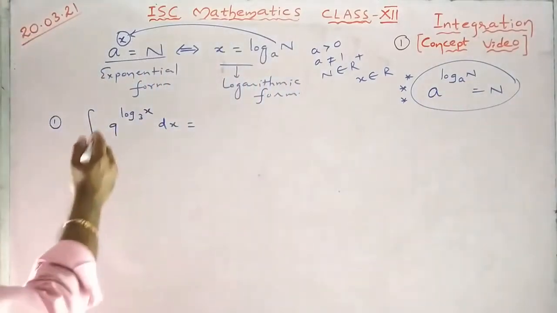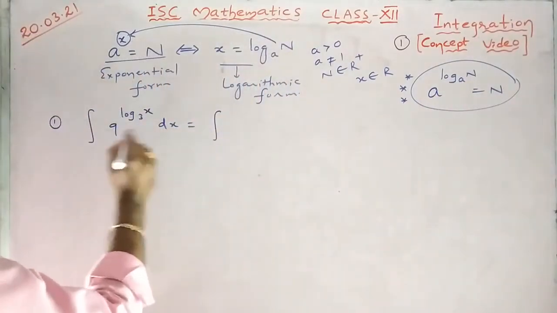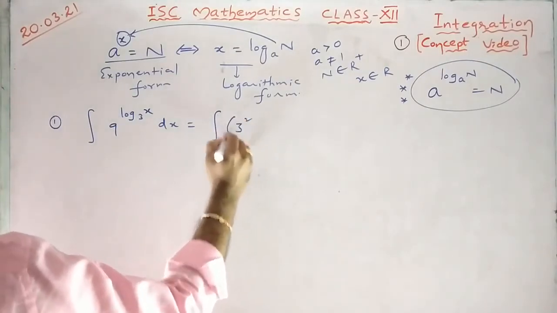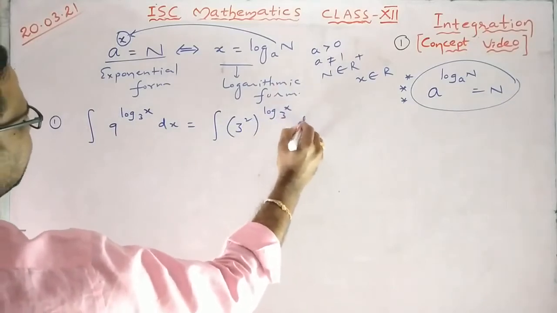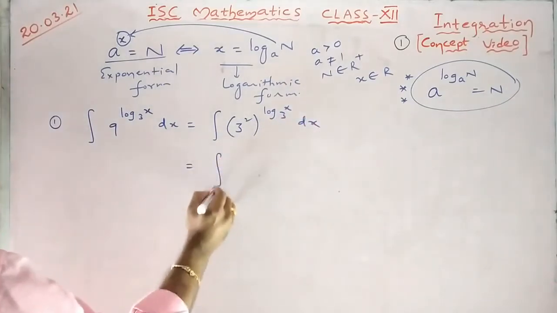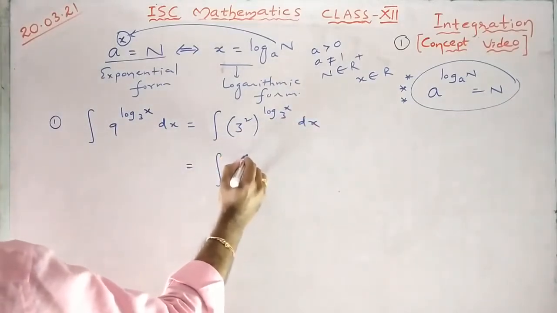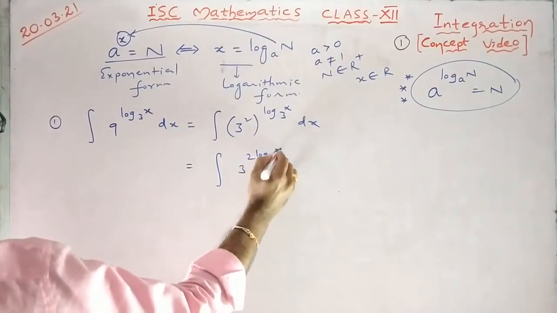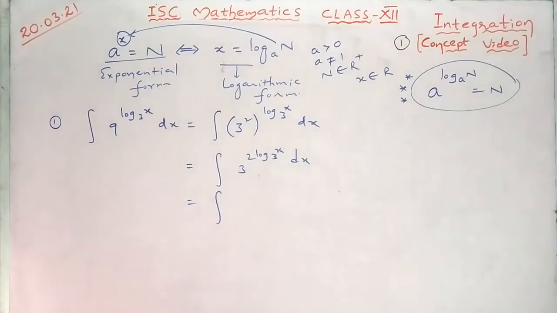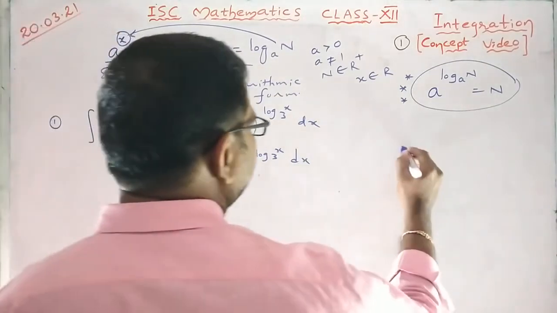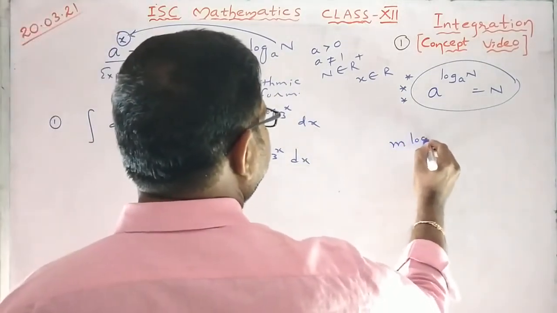So like that, if you solve this integral, I am writing 9 as 3 square, okay, log x to the base 3 dx. So integral 3 power, this I can write as 2 log x to the base 3 dx. In logarithms we have m log a to the base x.